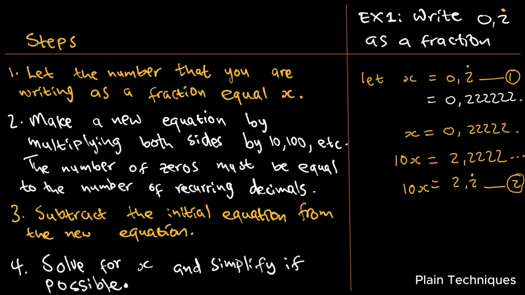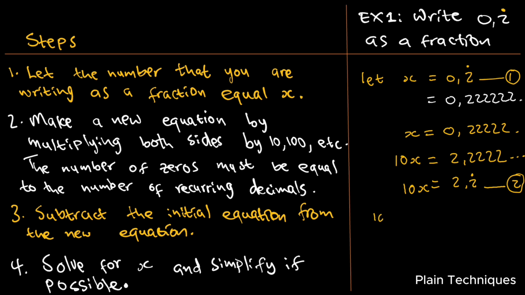All right, now I managed to do the first step and the second step. Now the third step says you need to subtract the initial equation from the new equation, right? So it's basically equation 2 minus equation 1, right? So equation 2, which is 10x, minus x.